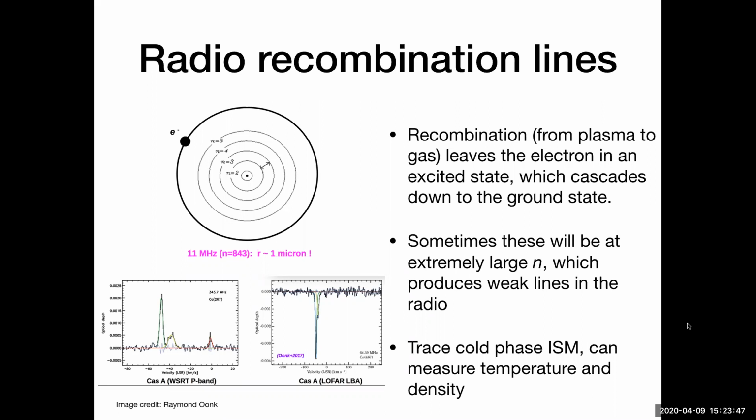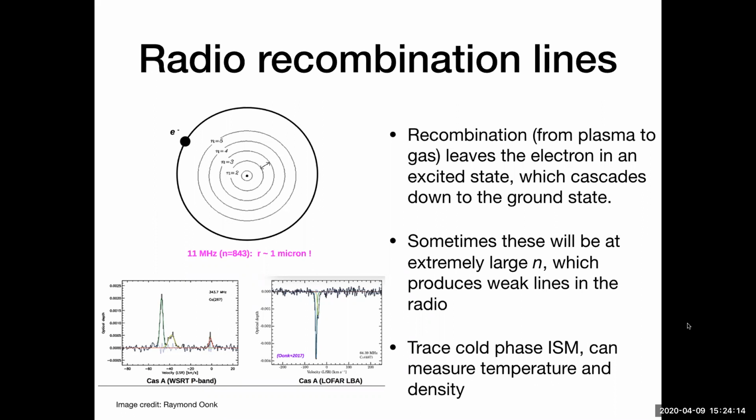And so when this occurs, the electron starts off bound generally into some excited state, and then cascades down to the ground state. We're used to this in terms of optical spectra, because this is what gives us the Lyman series and the Balmer series and H alpha and all of that. All of those lines are basically the cascade down to the ground state.